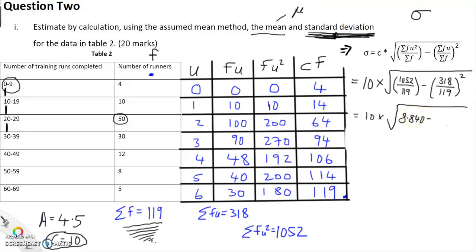Minus something else here, so this is going to be a fraction. Get the fraction key out on the calculator: 318 on top, 119 down below. I got 2.67 and the rest, and I'm going to square that using the square key on my Casio, and I get 7.141.